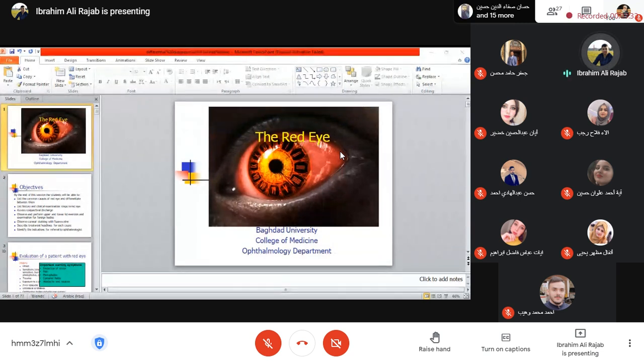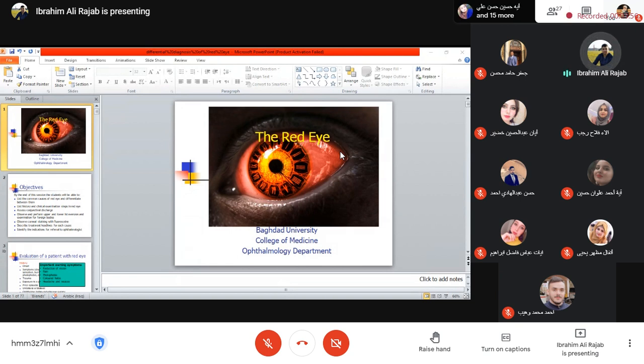We should keep in mind important red flag symptoms in patients with red eye. I mean, when a patient presents to you with red eye and he has blurred vision, pain, photophobia, halos around the light, headache and nausea, you should not pass this red eye as a simple cause.